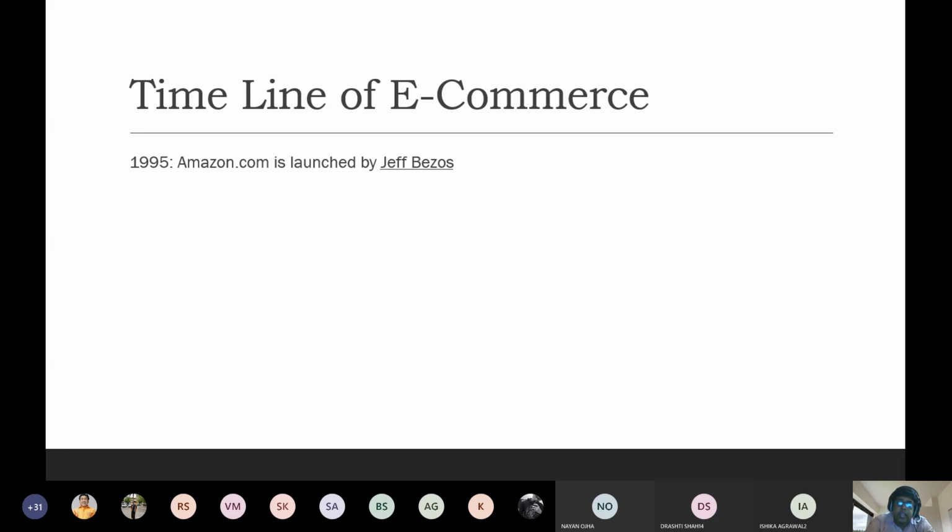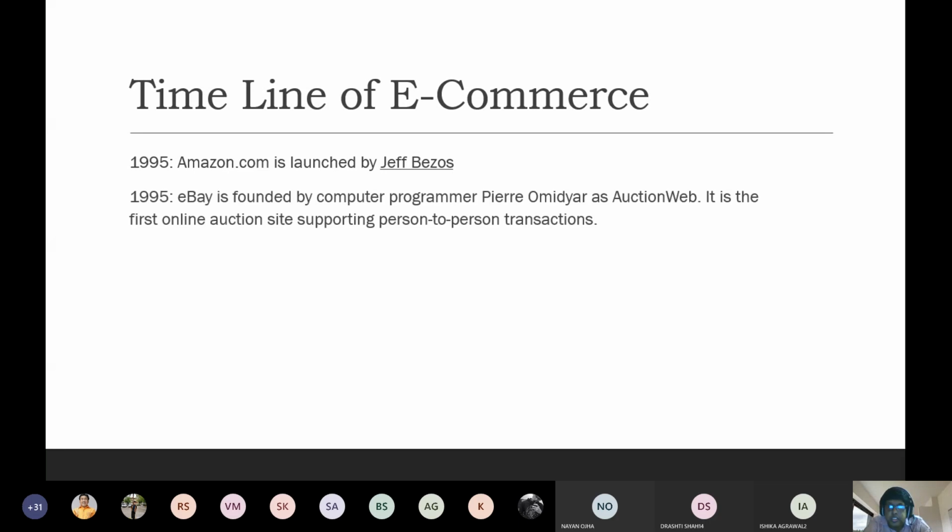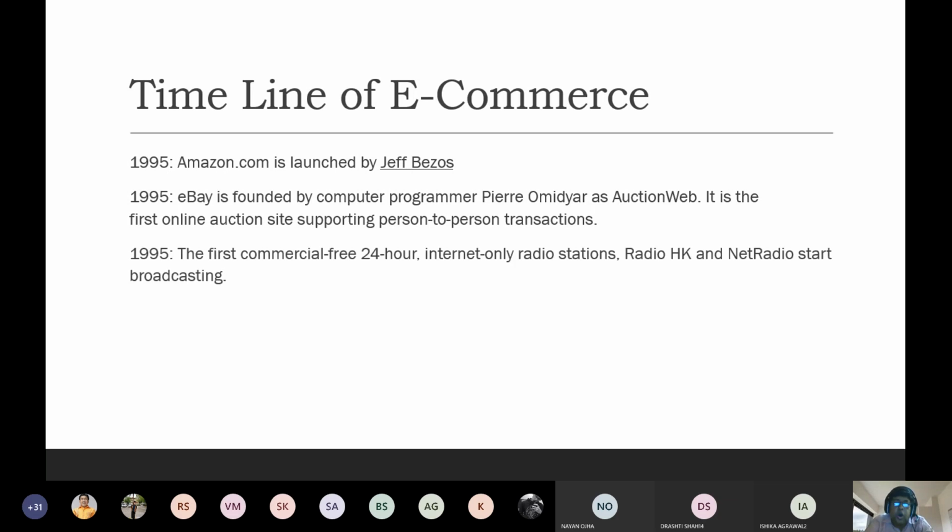Let me tell you, even when eBay was founded in 1995 as one of the online auctioning sites, all of these companies were involved only in credit card transactions until 2006. There was no other company, unlike Flipkart, that was ready to sell products and take payment after the product was received.